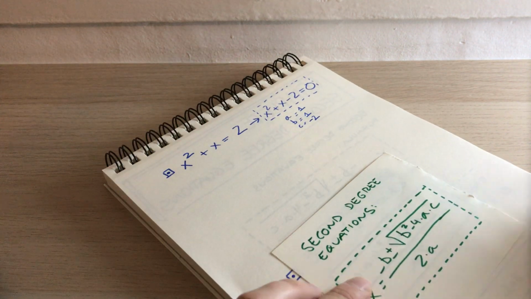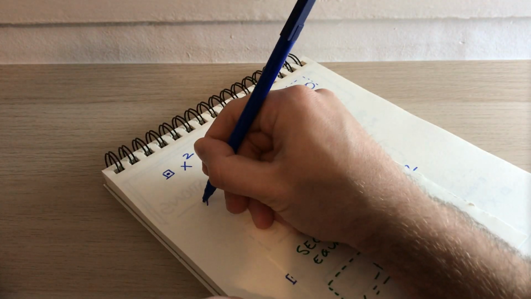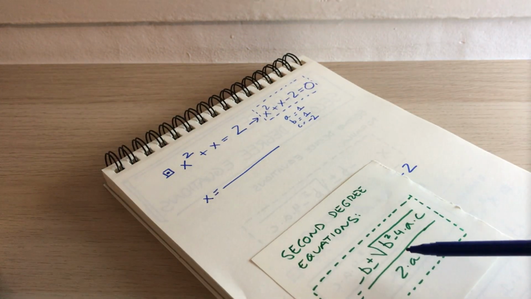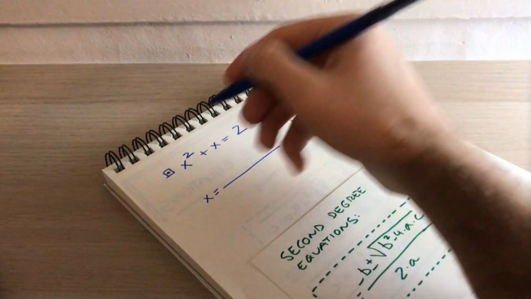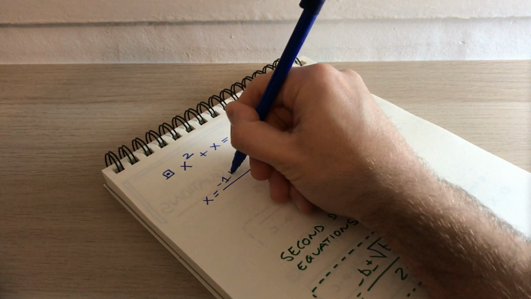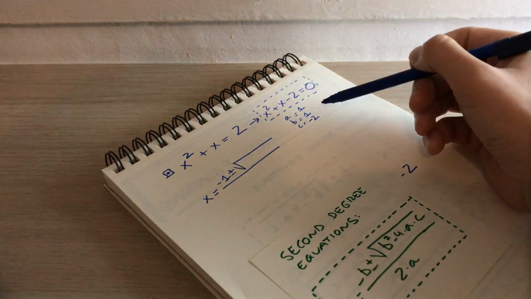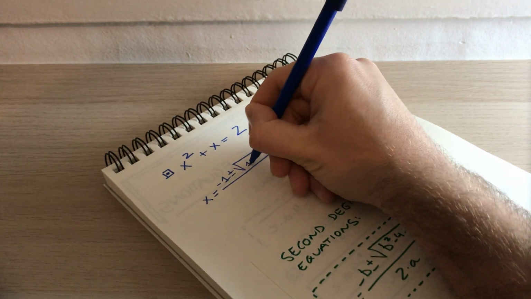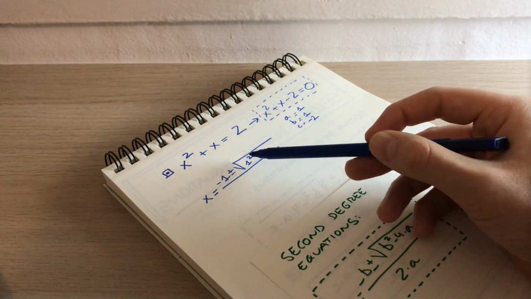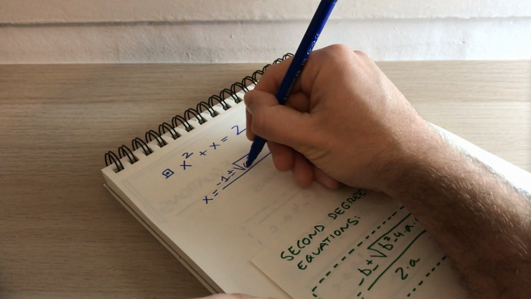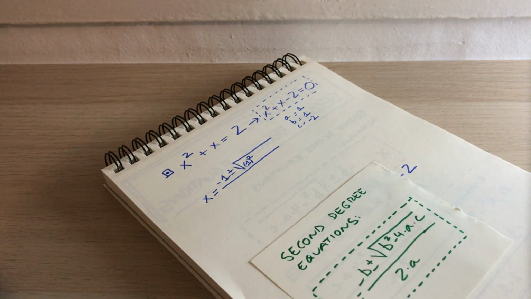Now we can use the formula, which is here. It's minus b, so minus 1, plus minus the square root of b squared, so it's 1 squared. This one is not a negative number, so we don't really need brackets, but you can always put them and then we can avoid mistakes.